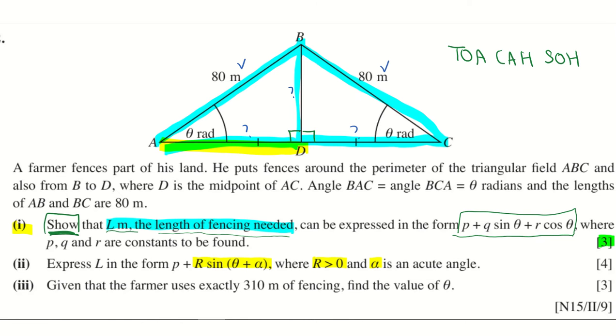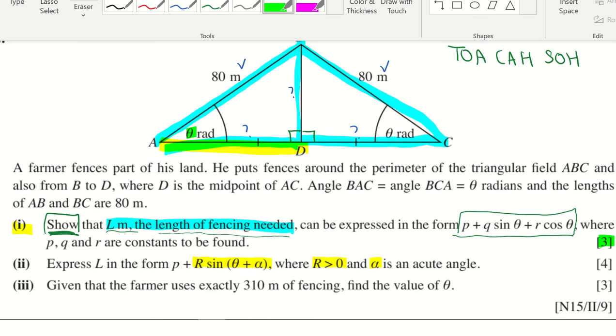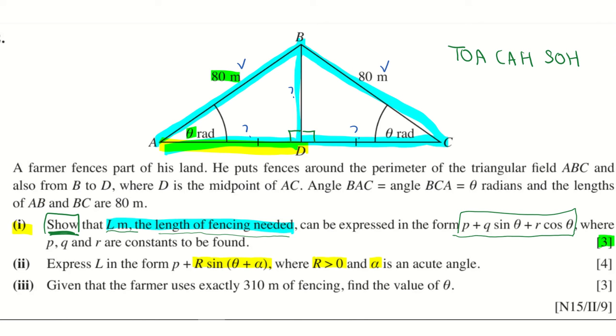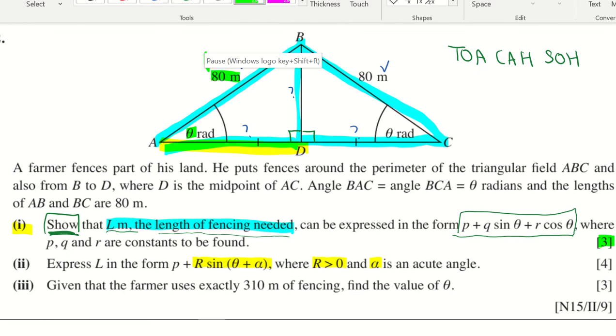We will use the triangle and SOHCAHTOA to help us. So AD, and there's a theta. Theta is over here. Plus we have 80. You just look at these 3 lengths. What can I use? I have the hypotenuse here.